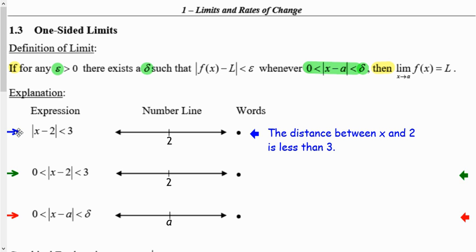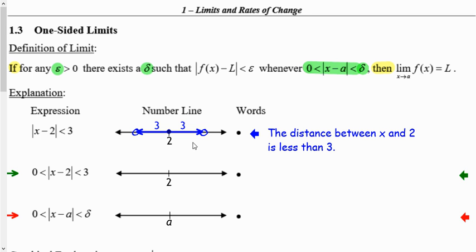Now, if we visualize that on the number line, then here, the distance is less than 3. So I can go a distance of 3 to the right or a distance of 3 to the left, but my x value has to be within those two distances. Now notice here it's less than, it's not less than or equal to. So I can't equal the number at this end, and I can't have my x equal to the number at that end.